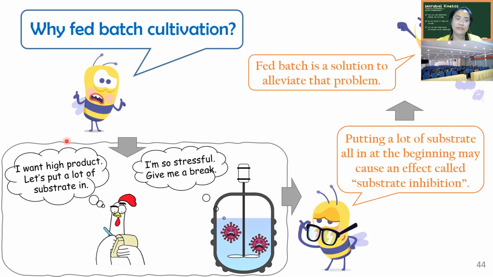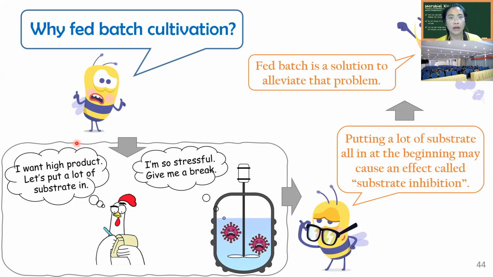So in batch fermentation, if you know nothing about kinetics of the cells, okay, if you want more products or you want more biomass, you tend to want to put more substrate into the fermentation, okay, and hoping that high substrate will give you more cells and will give you more products. Okay. But it's not always the case.